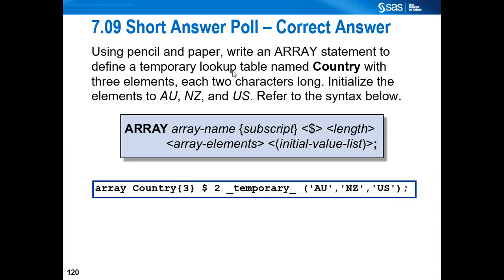And of course, you want them to be temporary. You write underscore temporary underscore like this before these initial values. This is defining it as character, length is 2. The keyword temporary means it will be dropped automatically. It will not be written to your output data set as new columns country 1, country 2, country 3, and these are its initial values.